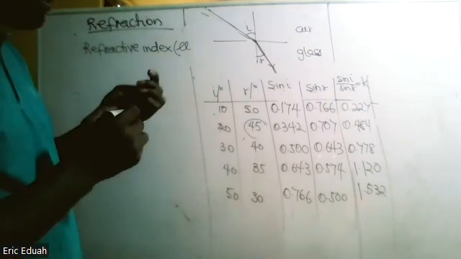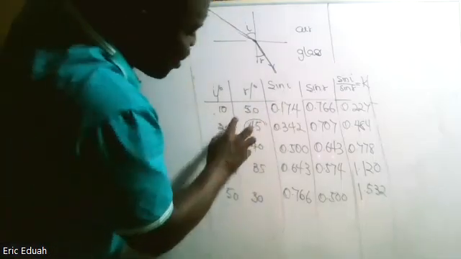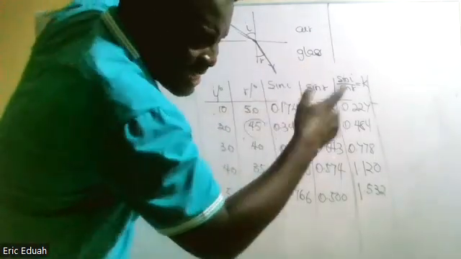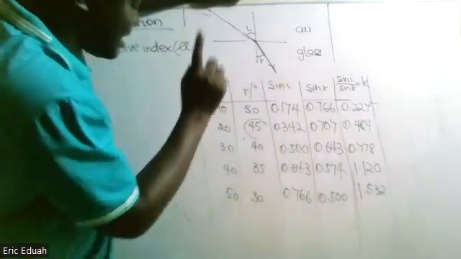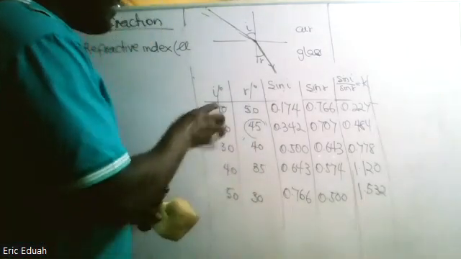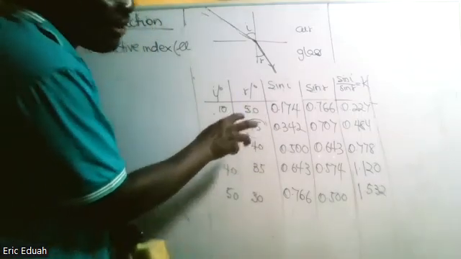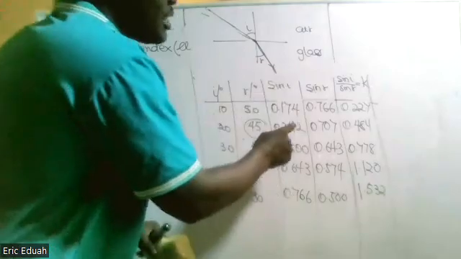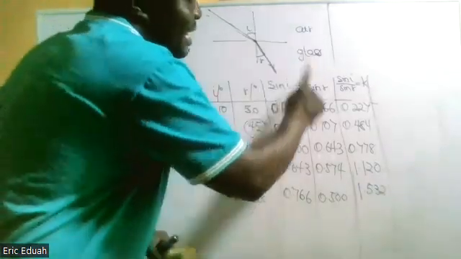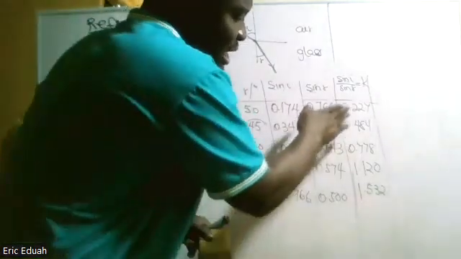So you see, in an actual practical situation, these are values I guess. When you work in the laboratory, whenever you choose an I and determine the corresponding R, and you take the ratio of the sine of I to the sine of R, it must give you answers that are very, very close, either the same or so close.